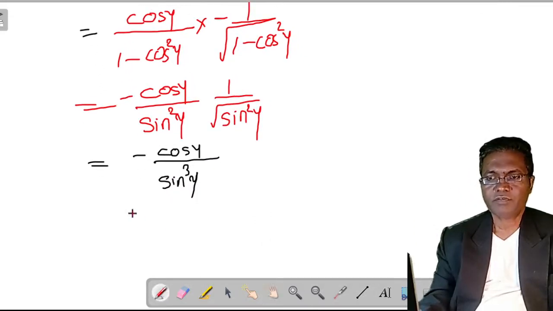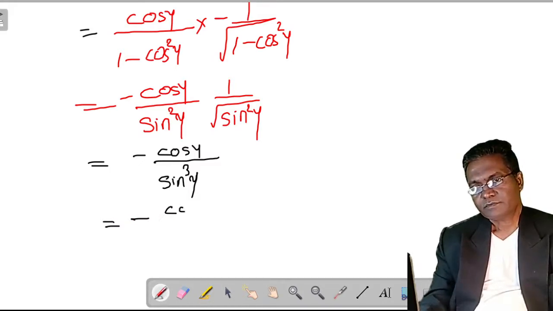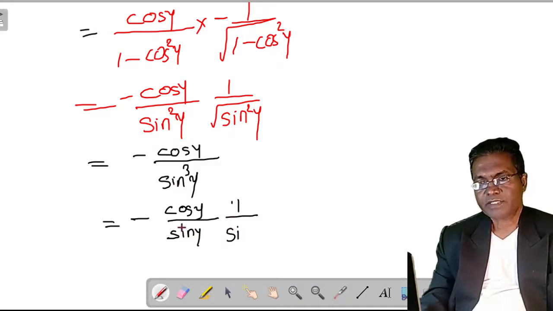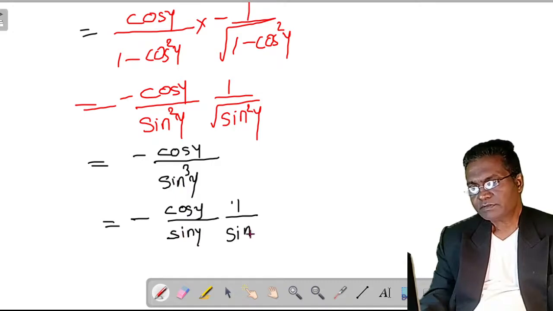Or further if you want, cos y by sin y, one term, into 1 by sin square y. Here only you can write, no problem. Cos by sin into 1 by sin square remains.